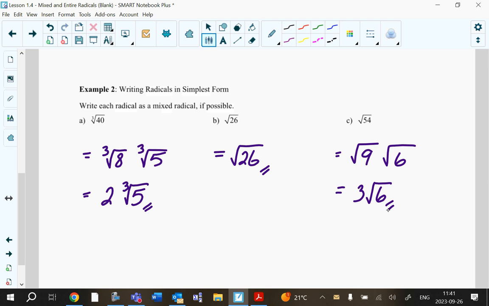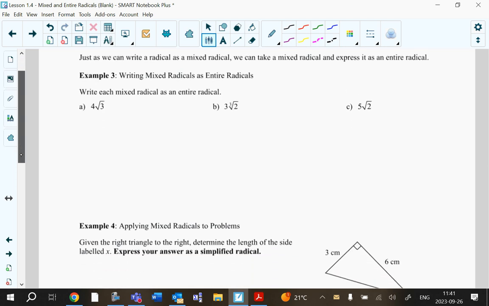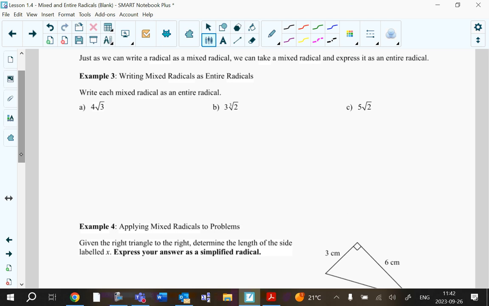What if we were asked to go the other way? Step 1, remain calm. So here's the answer. What was the original question? You're on the right track. 6 square, what?